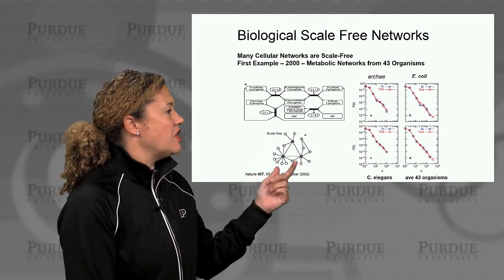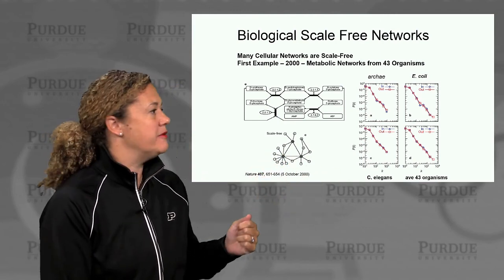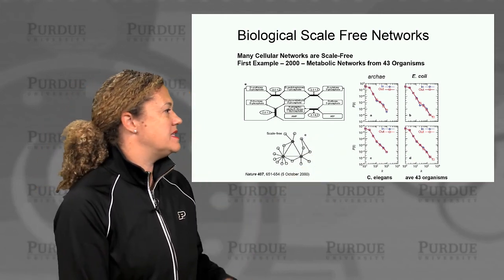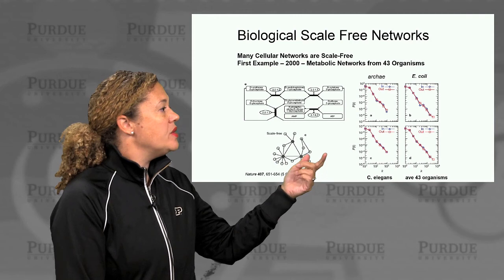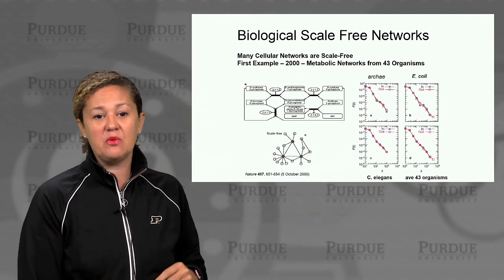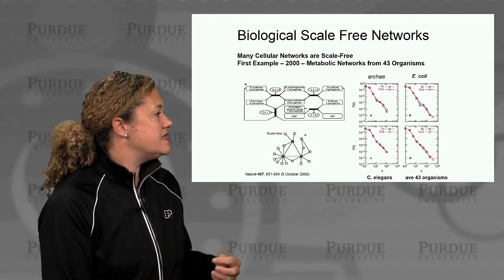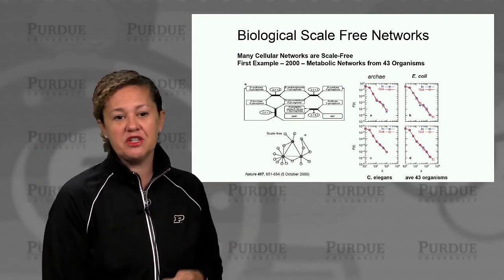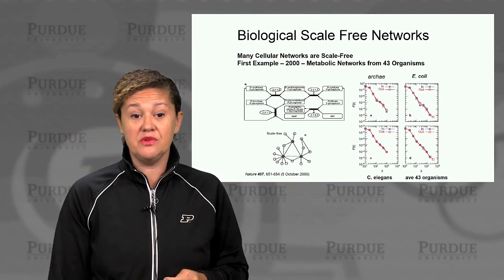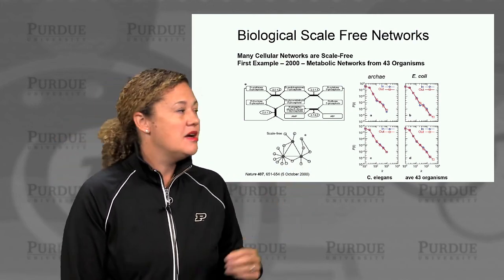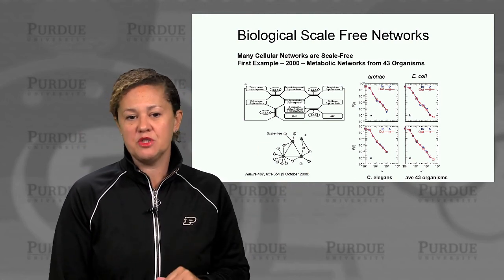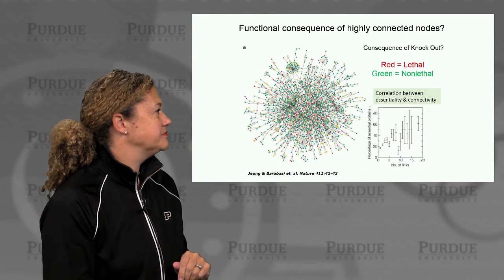And when you look at these across a range of model organisms, from E. coli and our nematode worm model organism C. elegans, we can see evidence of these power law distributions of how these metabolic networks are organized. And they seem to have these scale-free features where we see the existence of these highly connected nodes, in this case metabolites, more often than would be predicted if all the metabolites were just randomly connected.